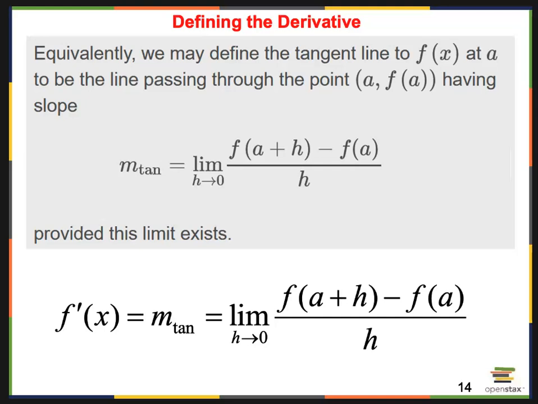We're looking for the derivative, which is the slope of the tangent line, which is the limit of the difference quotient as h approaches 0 for this particular definition. Different books use different definitions, but they're similar. They may use different variables in here as well.